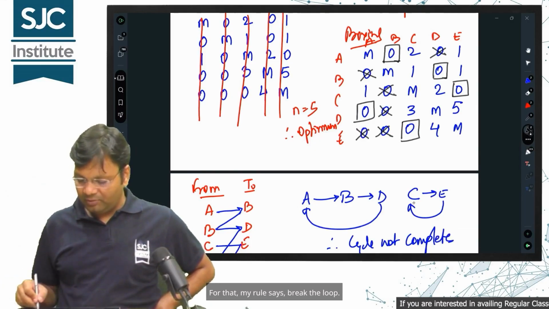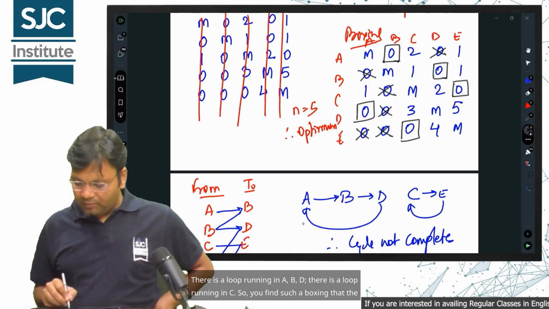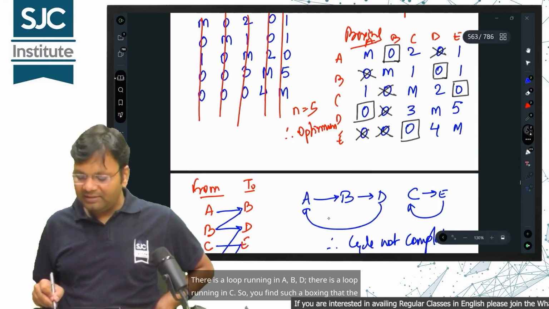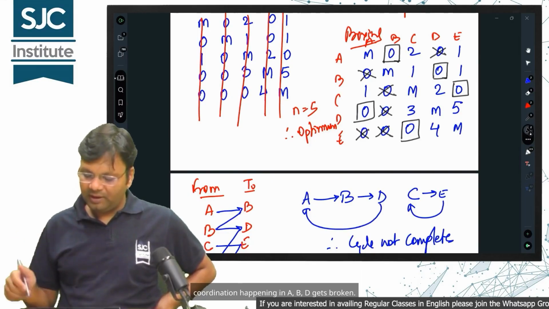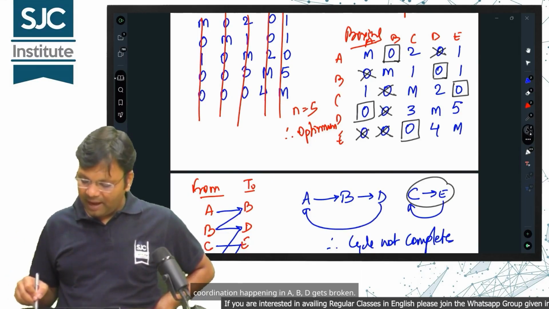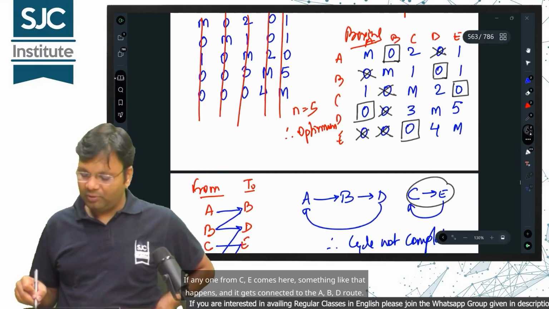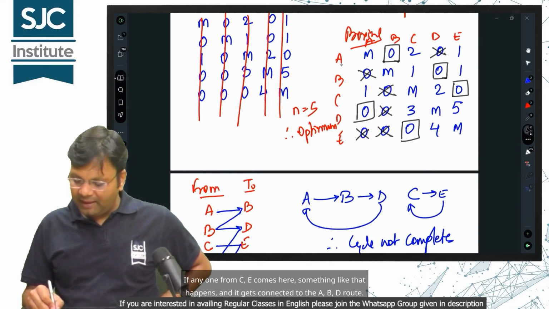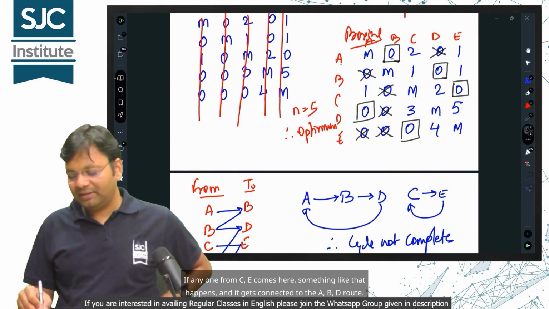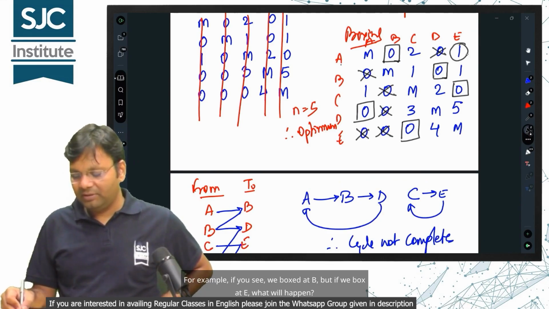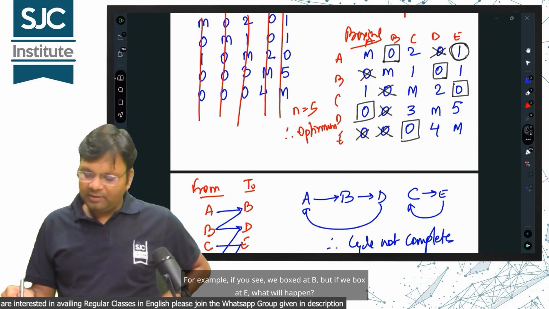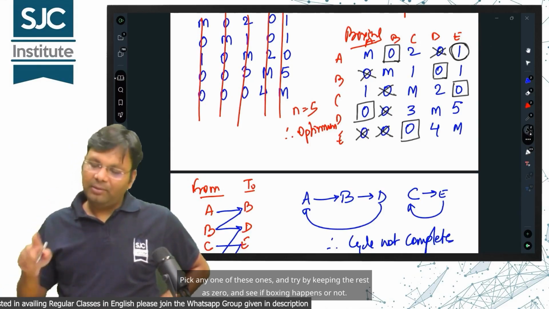For that, my rule says break the loop. There is a loop running in A, B, D, and there is a loop running in C. So, you find such a boxing that the coordination happening in A, B, D gets broken. If any one from C, E comes here, something like that happens and it gets connected to the A, B, D route. For example, we boxed at B, but if we box at E, what will happen?